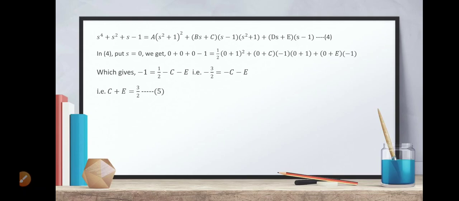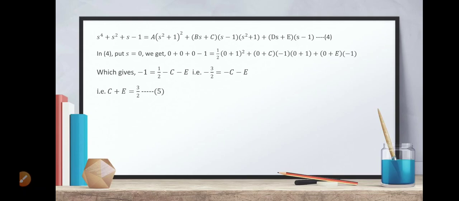This is a simultaneous linear equation where only two unknowns are present, meaning the coefficients of the remaining two unknowns B and D are 0. As we have four unknowns, we should have at least four different simultaneous linear equations in these four unknowns to get their values.